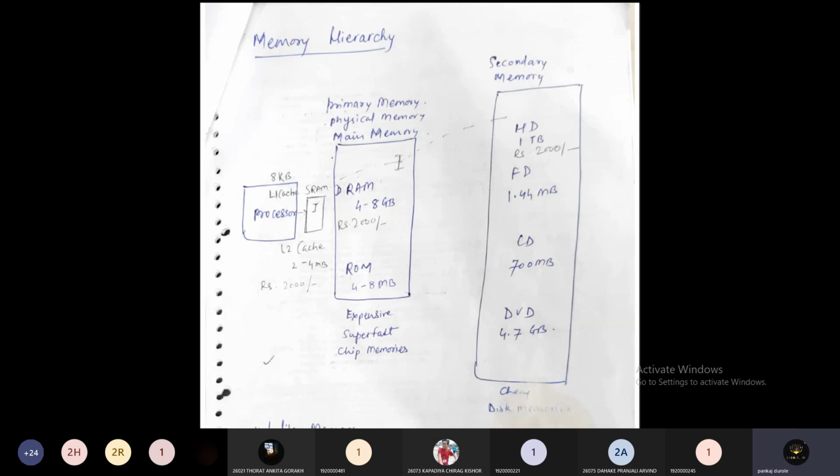Now, secondary memory is a memory which stores a huge amount of data. Because the computer that you are purchasing is different from your mobile phone. Maybe your mobile phone has 32 GB or 64 GB of storage, but you have a different set of expectations from the computer system.